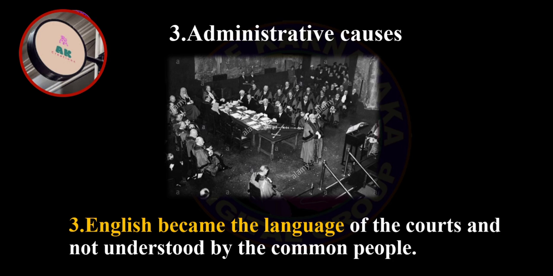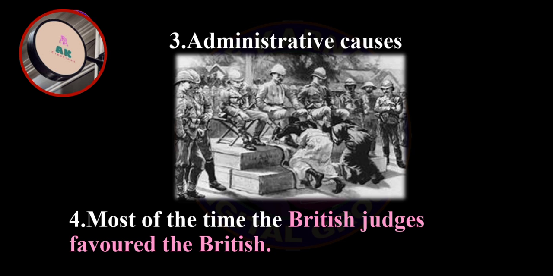If the Britishers did wrong, no, that's not for the Britishers. And the language in the court is English, and at that time no one knew English, so they were not able to understand what was going on. And then most of the time British judges favored the British, obviously.